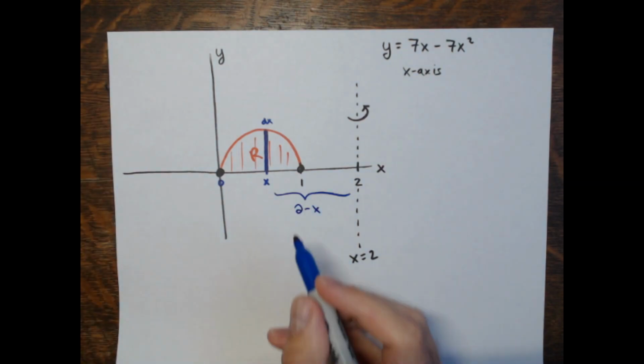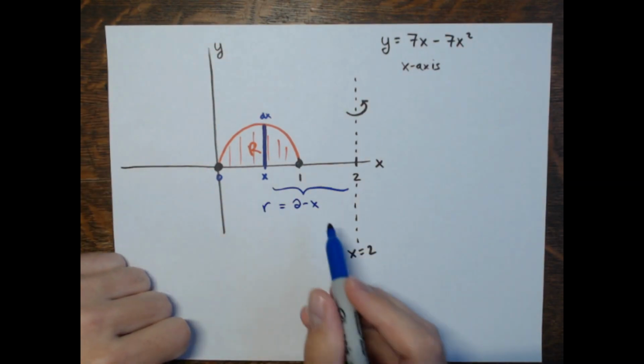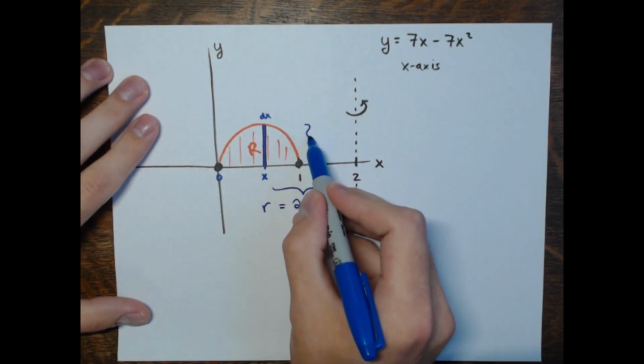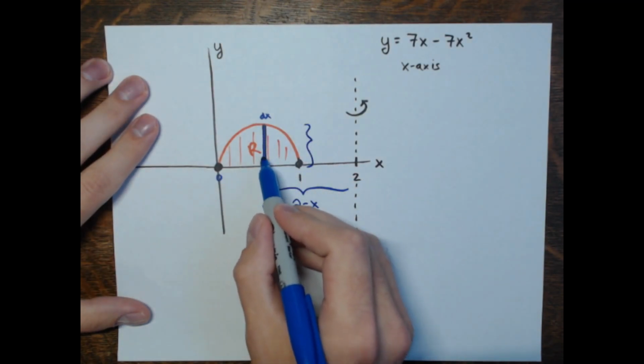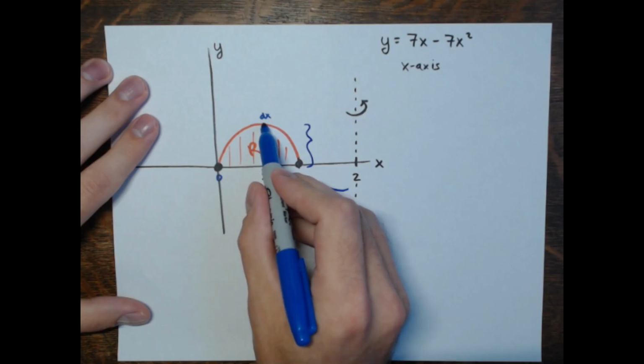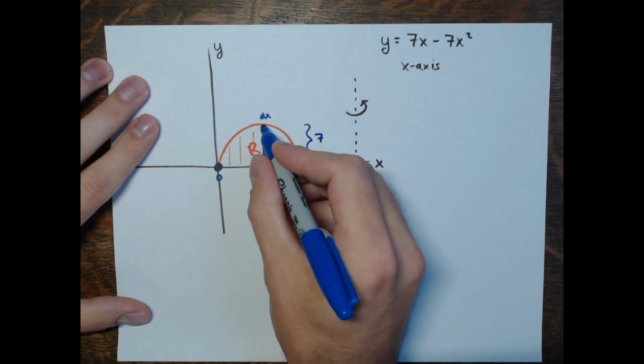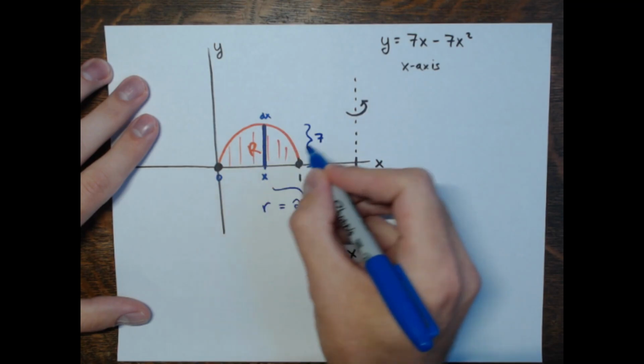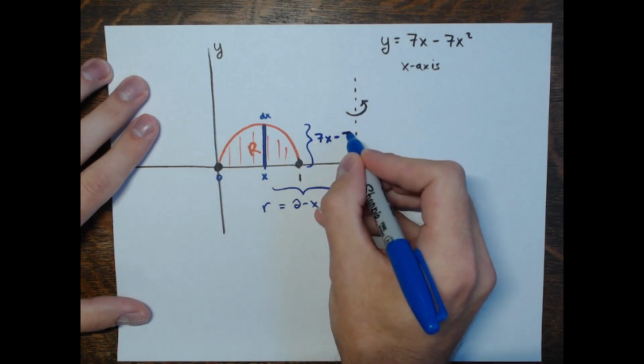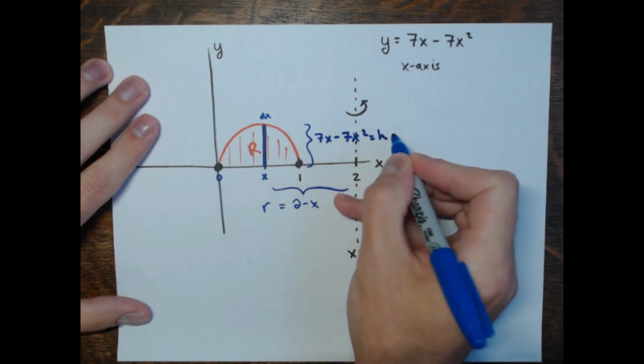So the radius r is 2 minus x, and then the height of this rectangle is just the y coordinate of the point on this curve on the top here, which is 7x minus 7x squared. It's y to the top minus y to the bottom, but the y at the bottom is 0. So 7x minus 7x squared is the height.